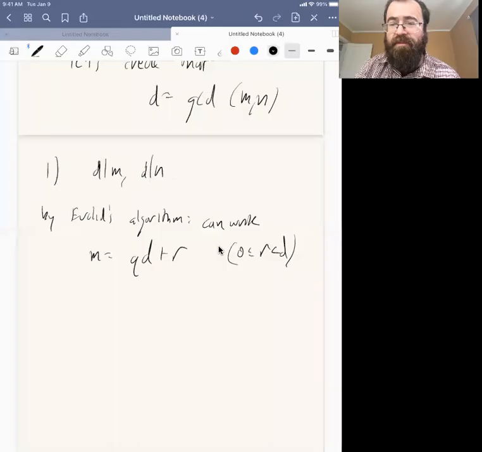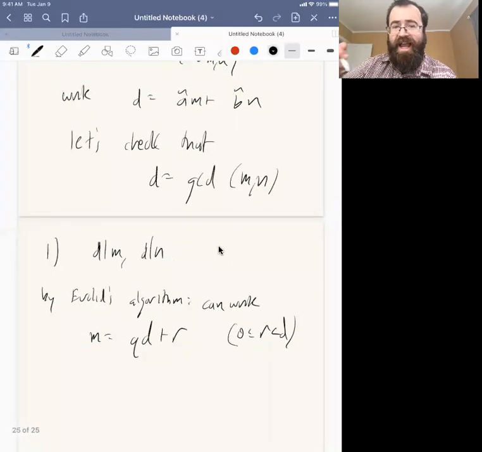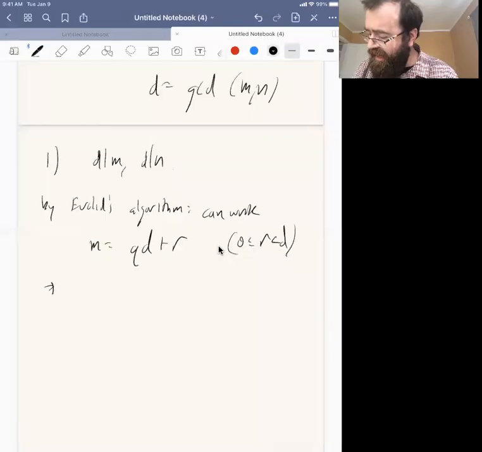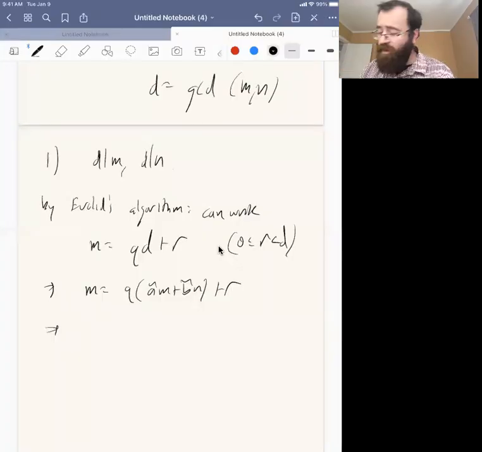So this is where this minimum comes in, if you're wondering where the minimum came from. Well, you're about to see. So M is QD plus R, where R is something between 0 and D. Now D, as we've said, is this combination, A tilde M plus B tilde N, this funny combination of M and N. So this implies that M is Q times (A tilde M plus B tilde N) plus R. Simplifying that down, I'm going to move everything over and solve for R. What do I get?